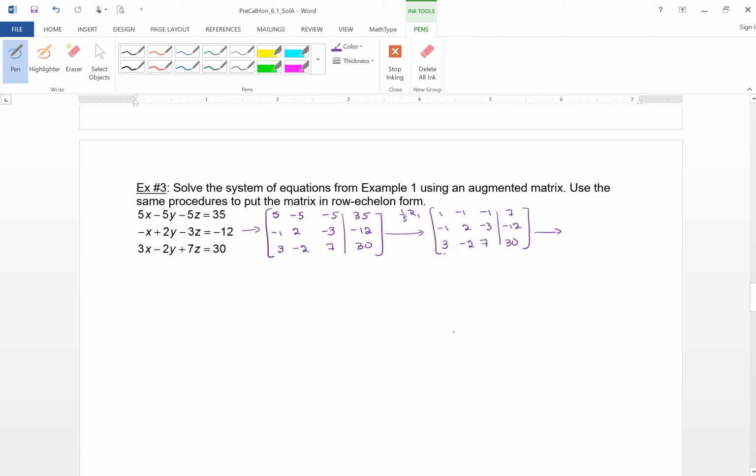So what I'm going to do is interchange row 2 and row 3. Row 2 and row 3 are going to get interchanged like this. The first one stays, and here I have the bottom row.